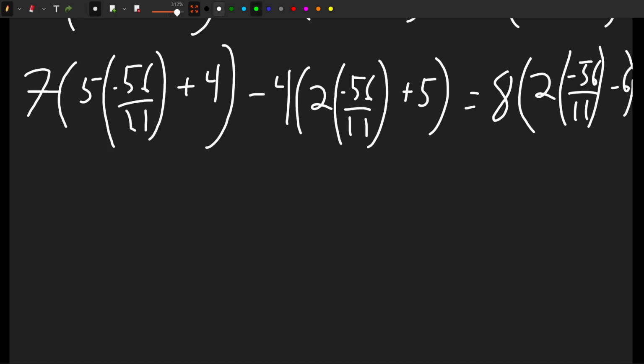First thing I'm going to do is multiply these terms inside the parentheses. Then I'll deal with the 7, the negative 4, and the 8 on the outside.